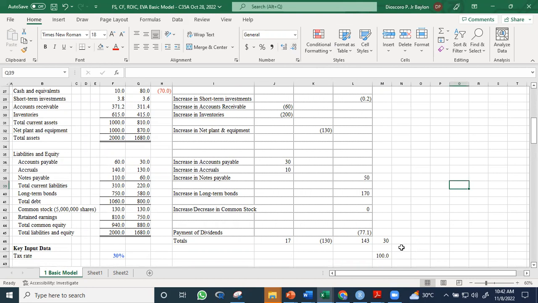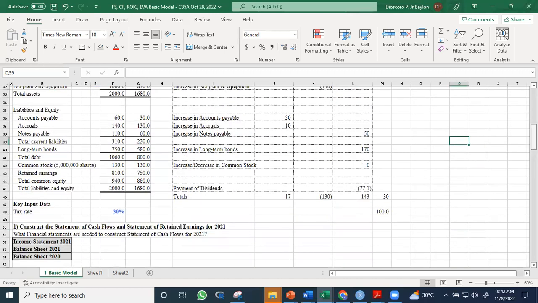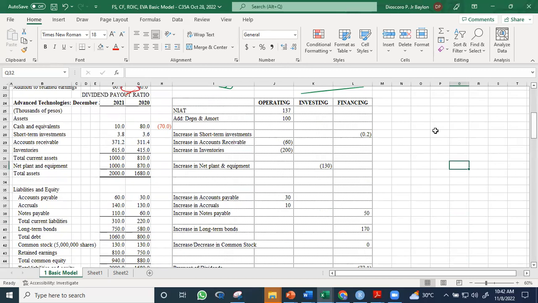So what do you think? Where is this coming from? Any amount here that's similar to 100 or maybe 50? Okay, perhaps depreciation.